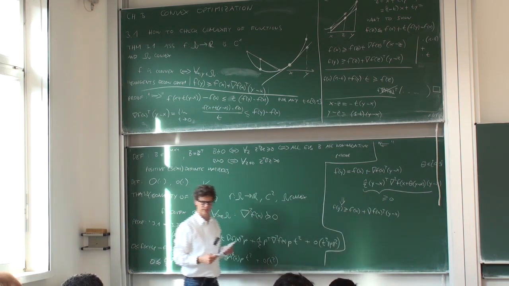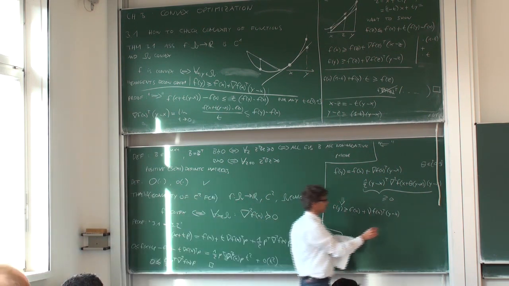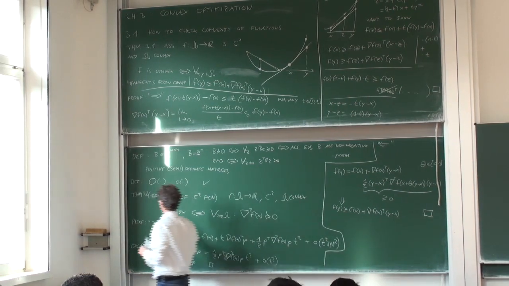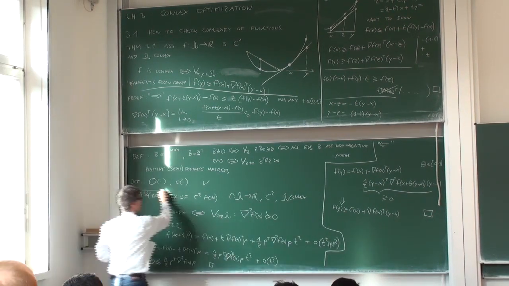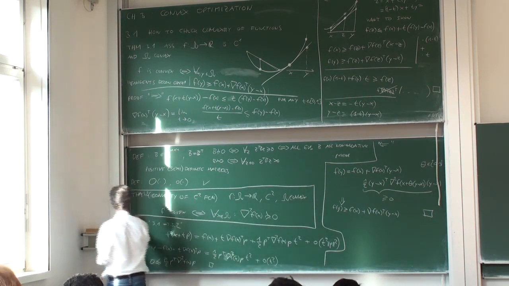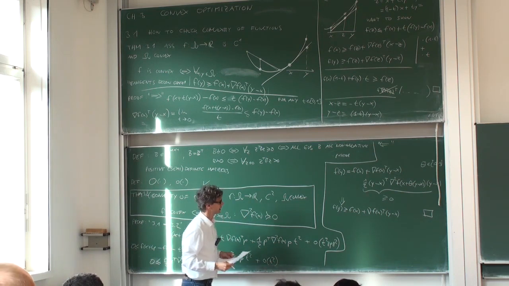So we have used Taylor series and definitions of convexity until now. So we have proven this second theorem, and I make a box around it because I find it so important, because it's the main way we will check convexity of functions when we discover them.